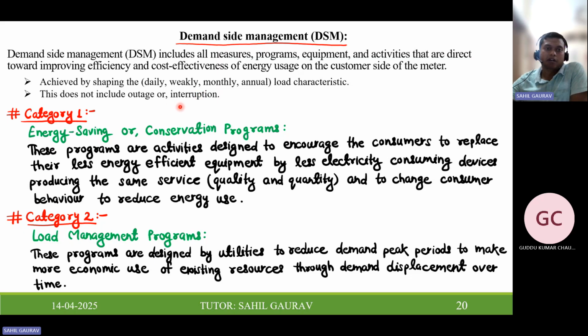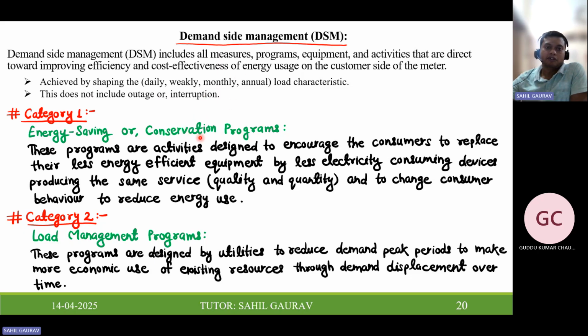And this does not include outage or interruption. So whatever demand side management you are doing, you have to keep in mind that it does not include the outage and interruptions. The power supply remains intact.